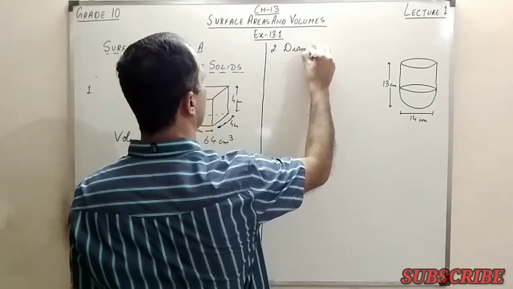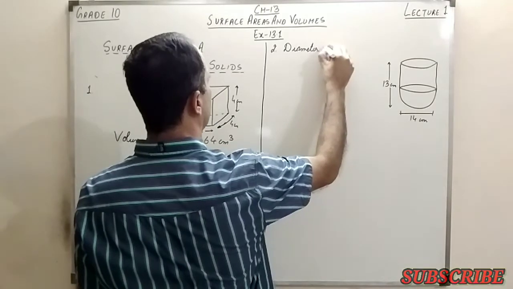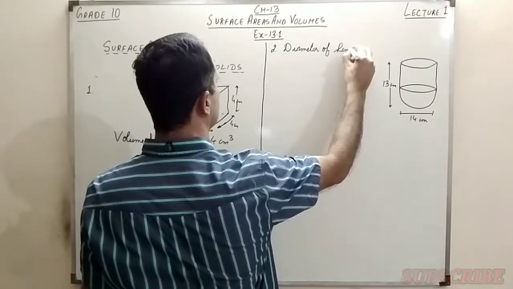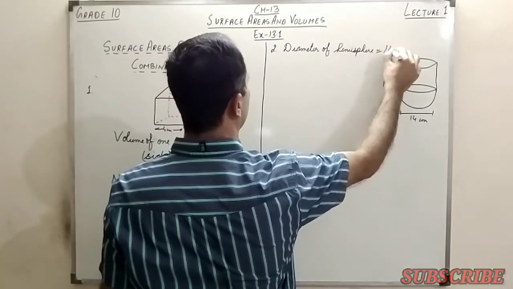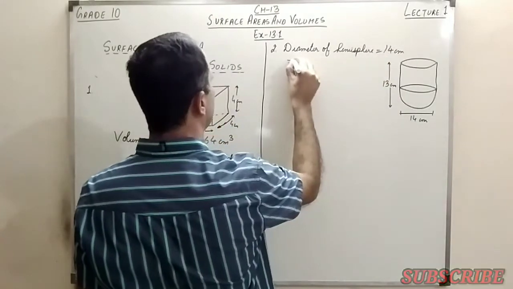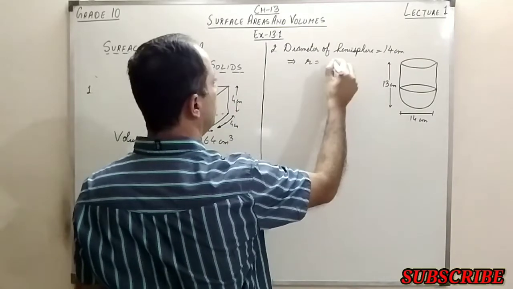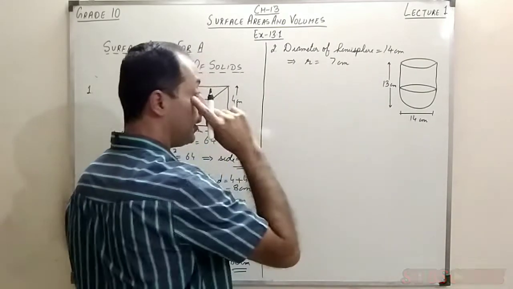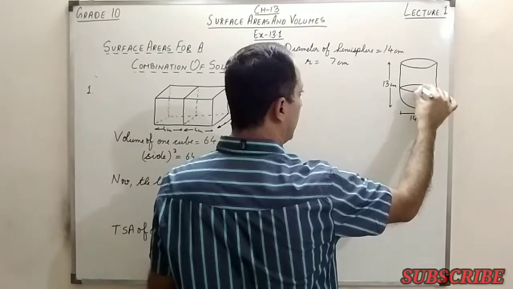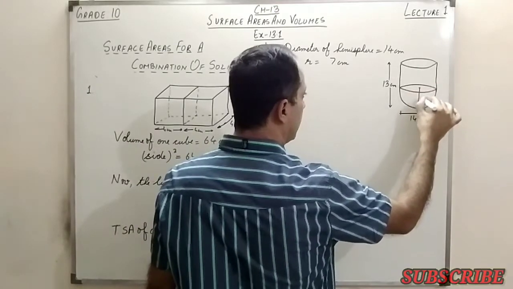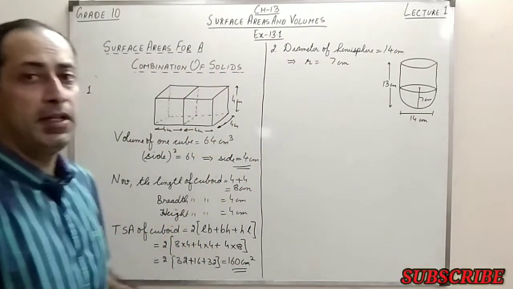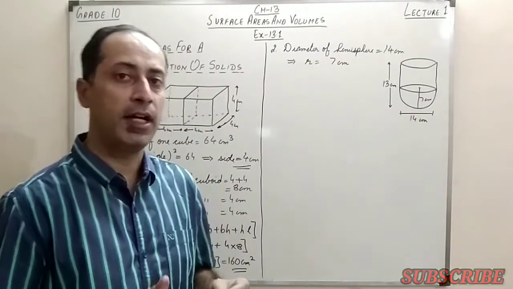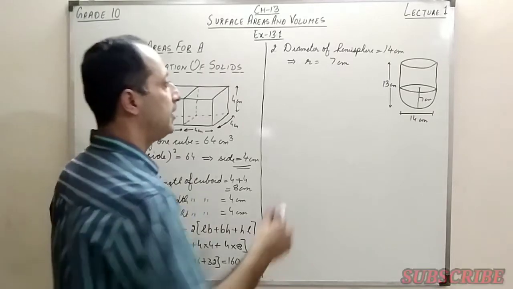Now, what is given? Diameter of the hemisphere is 14 centimeter. So this means radius will be half of this, that is 7 centimeter. Now, you see from here till here, this is 7 centimeter, right? And the total height is 13. It means for the height of the cylinder, we subtract this 7 centimeter.